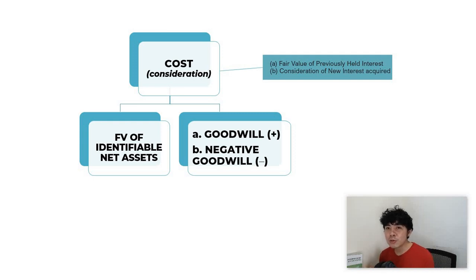Pero, meron ding mga instances na yung negative goodwill, hindi ganon yung cause. Kasi pwedeng magkaroon ng negative goodwill kung halimbawa, yung acquisition is a rush acquisition or rush sale. Mabilisan or madalian yung pagbenta ng ownership. Bakit? Kasi yung nagbenta ng ownership is in need of funds. Di ba kapag ikaw ay nangangailangan ng funds, minsan para lang makapag-acquire ka na agad ng funds, ibebenta mo na siya kahit sa mababang halaga.